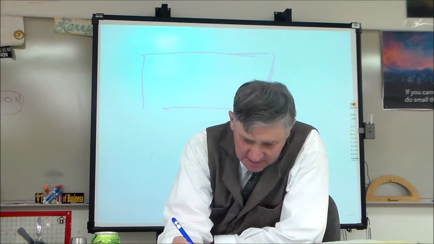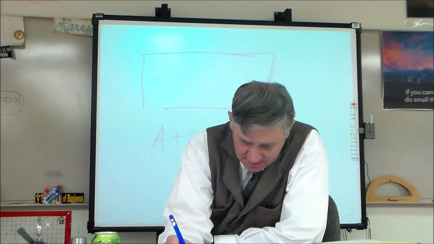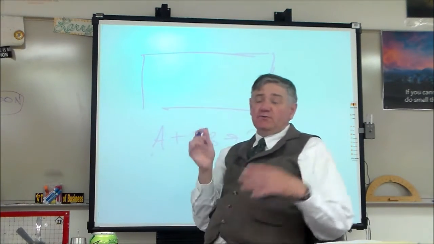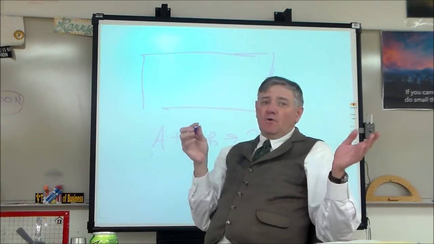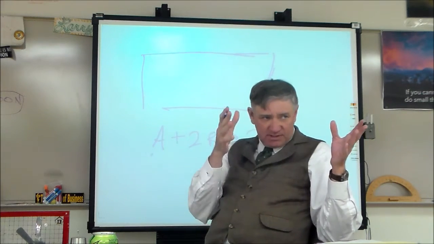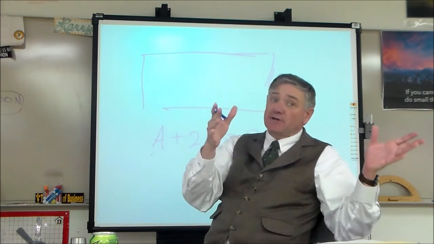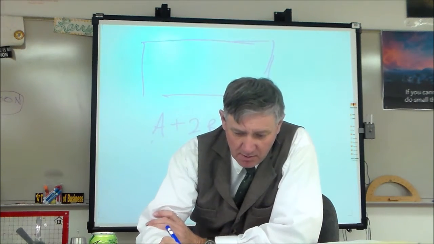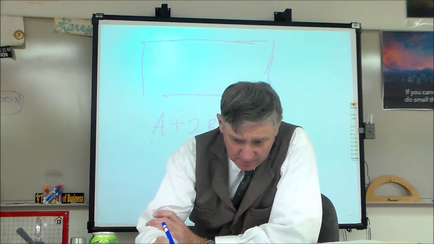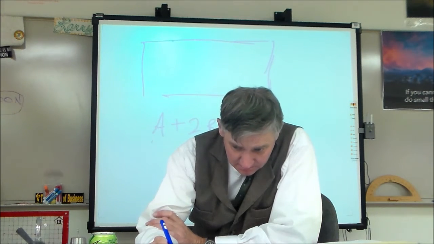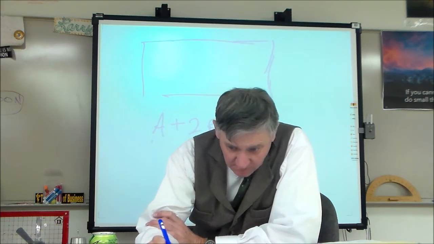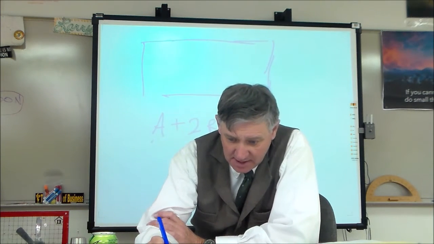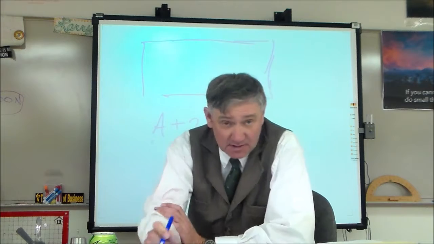If you look at this reaction, A plus 2B yields 2C, and all you were asked to do was write the equilibrium expression, which would be uppercase K. K is going to equal the products, C squared, divided by A times the concentration of B squared.